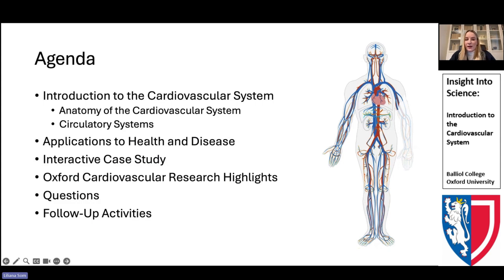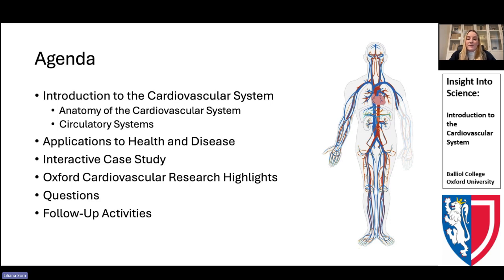So just a brief outline of what I'll be talking to you about today. First, I thought we'll do a rough introduction to the cardiovascular system, some anatomical structures, and mostly focusing on the circulatory systems. Then focusing a bit on the cardiovascular diseases, and there I'll talk a bit about my research as well.